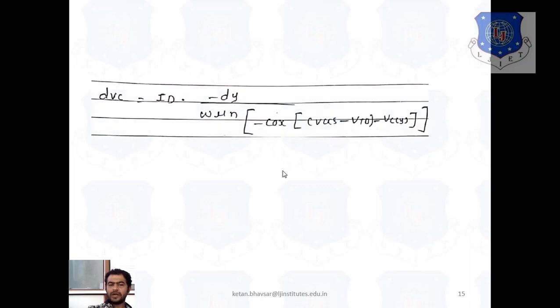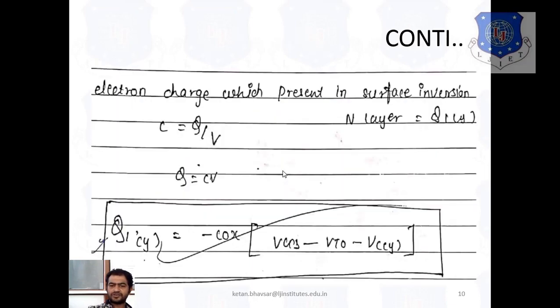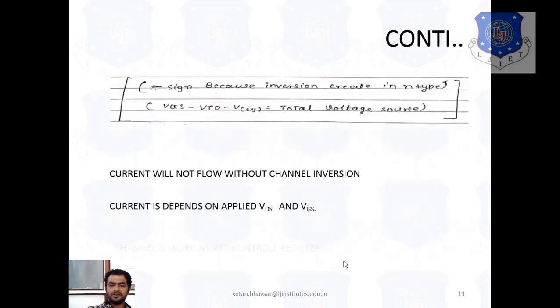So dVc is equal to ID times minus dy, divided by W mu N times minus Cox into VGS minus VTO minus Vc of y. We directly put in the value of Q1 of y, which is minus Cox into VGS minus VTO minus Vc of y.